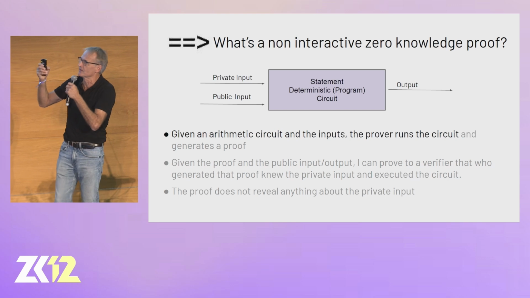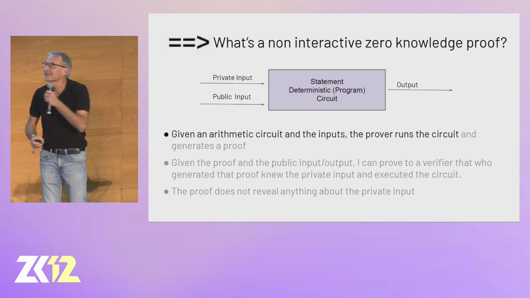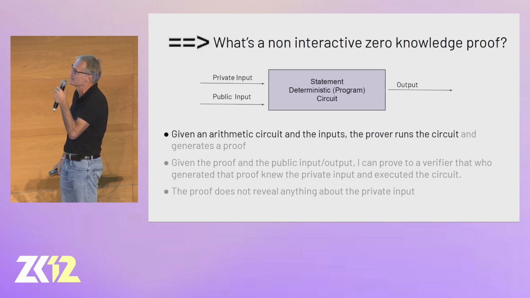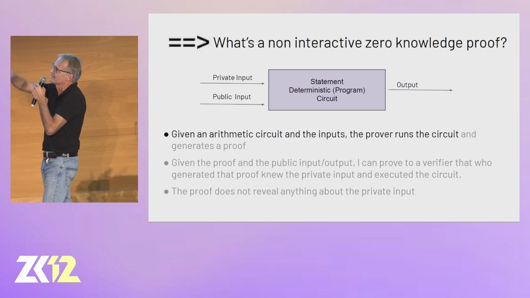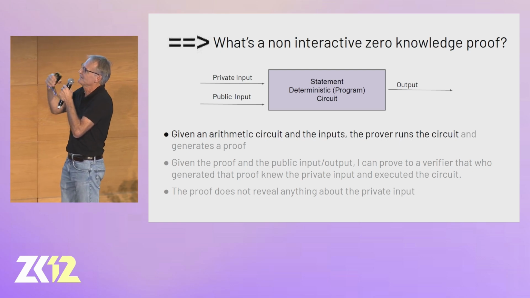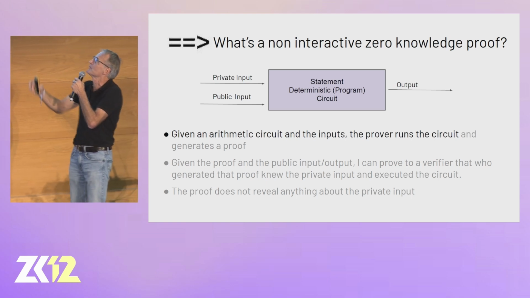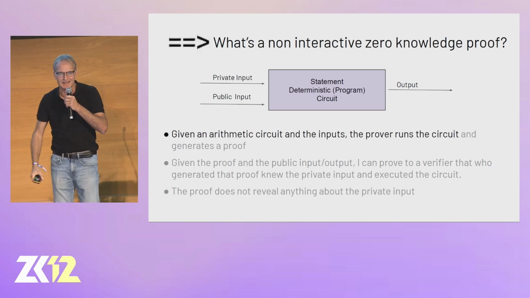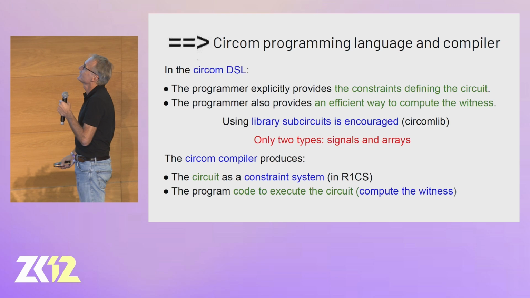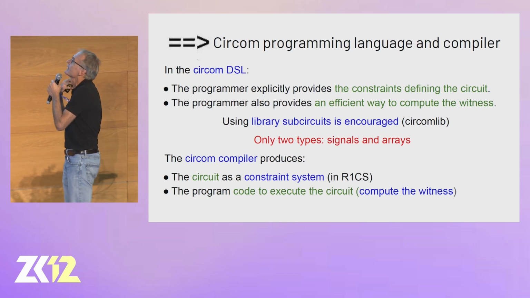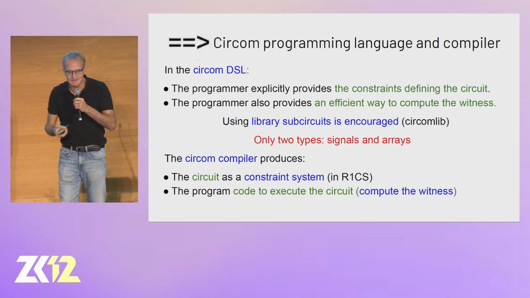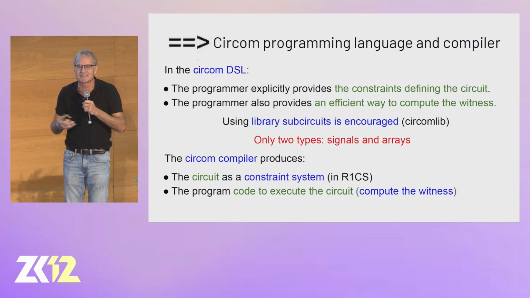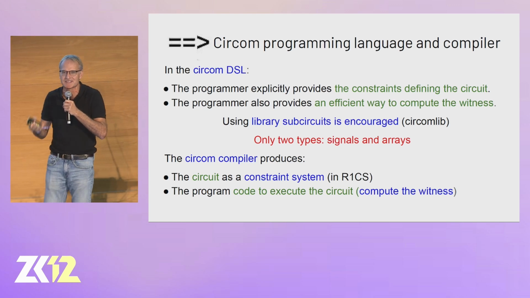Just a bit of context of what Circom is intended to help us with in a zero-knowledge protocol. It's just this part that is in black, which is we have to build a circuit and be able to run this circuit. So this is where Circom helps us. Circom is a DSL that has this special way of working, which is to explicitly provide the constraints of the circuit.